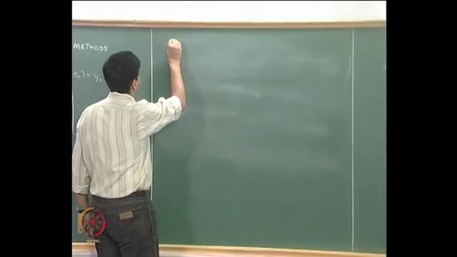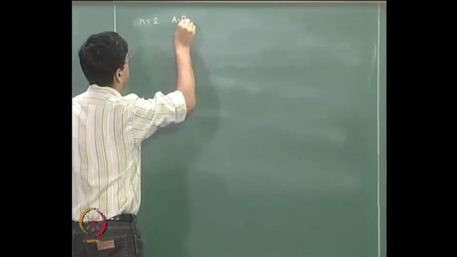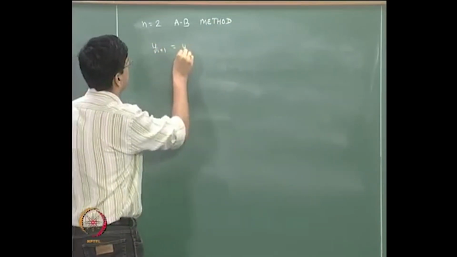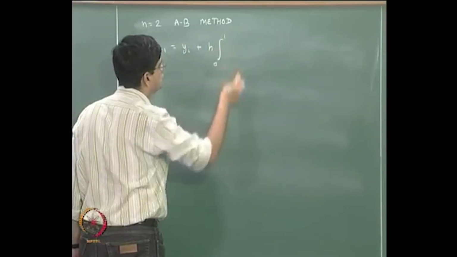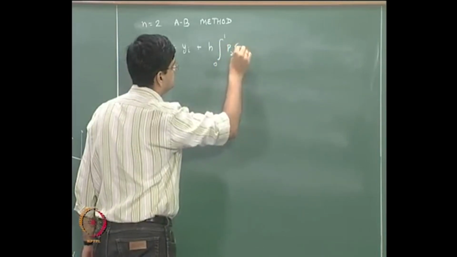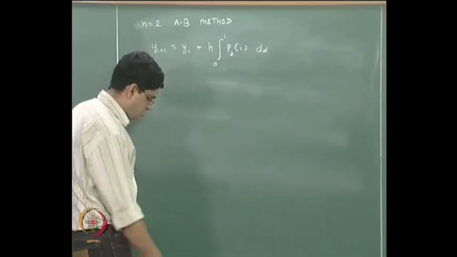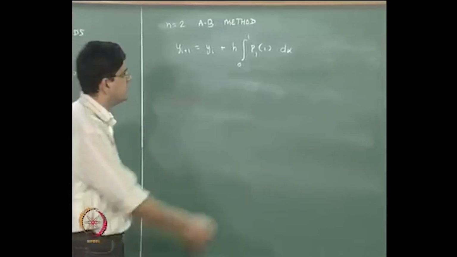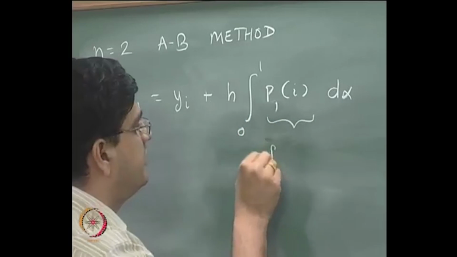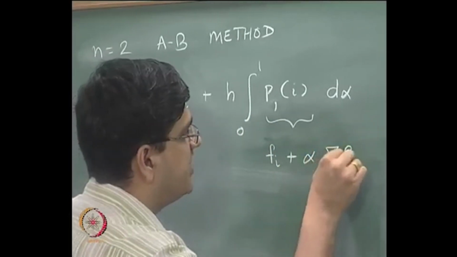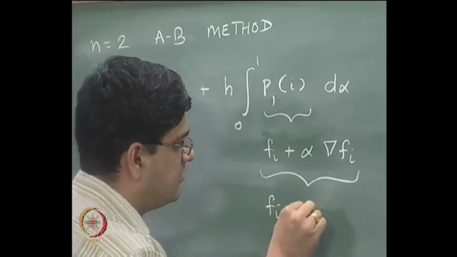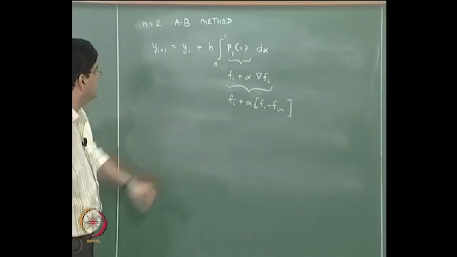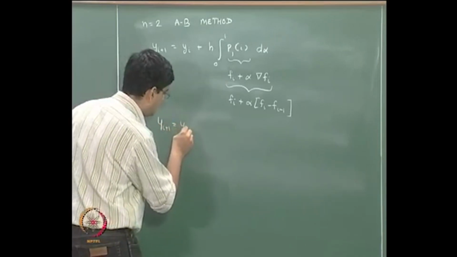So, for the second order Bashforth method, the derivation is going to be y i plus 1 equal to y i plus h times the integral from 0 to 1 of p2, actually it should be p1 i d alpha, based on the notations that we have been using consistently since module 6, okay. p1 i is nothing but fi plus alpha times delta fi, which is nothing but fi plus alpha times fi minus fi minus 1, okay.